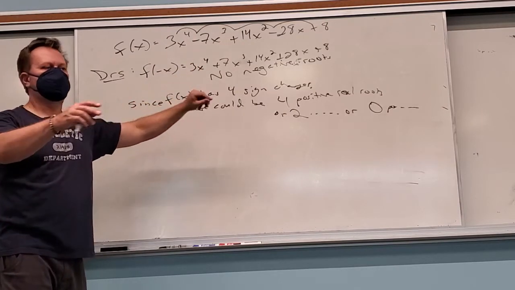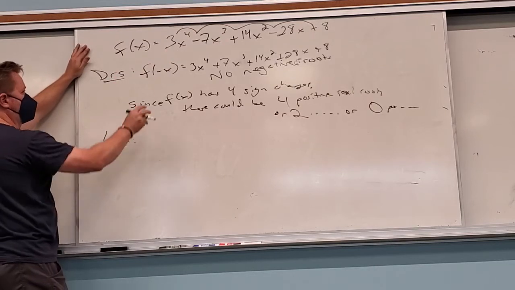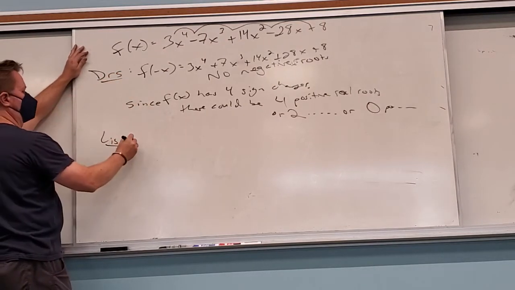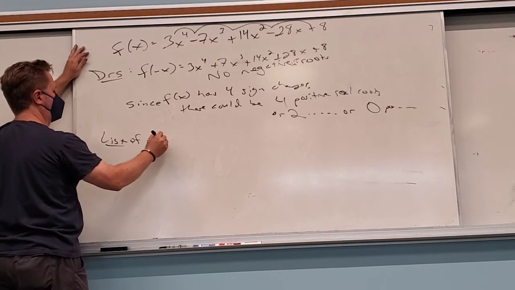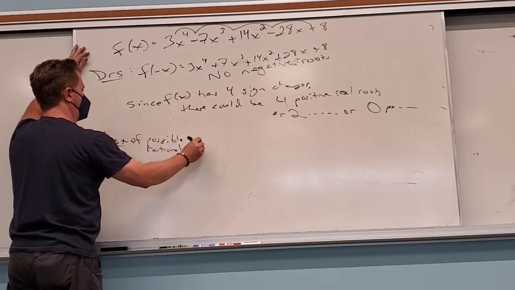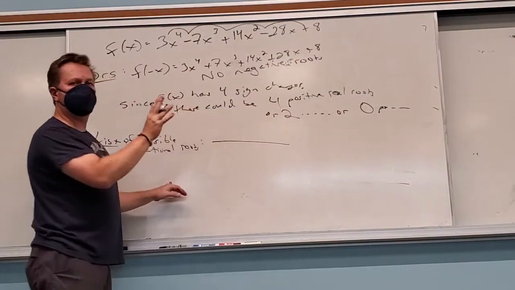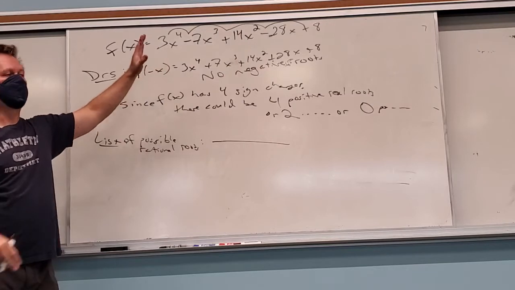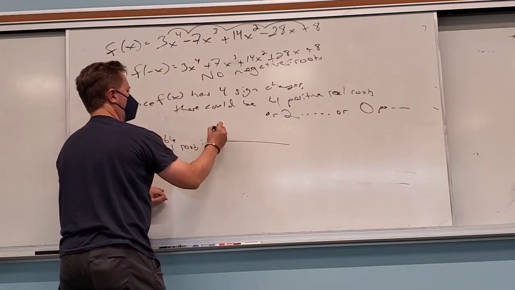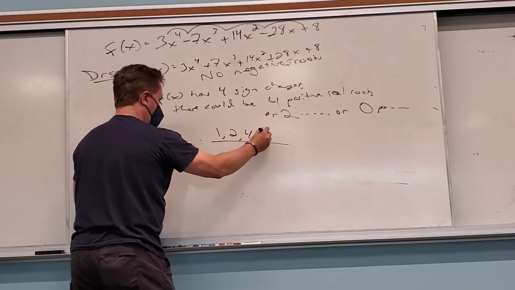So let's make the list. How do I make this list? What are the factors of the last number? List of possible rational roots. So on the top go the factors of 8. And I don't have to put plus or minus now, right? Because there's no negative roots. So what are the factors of 8? 1, 2, 4, 8.